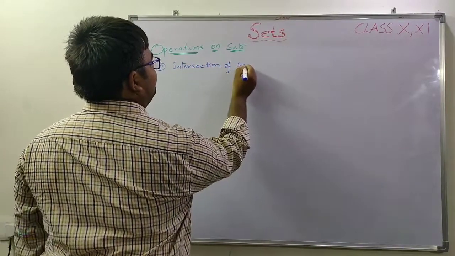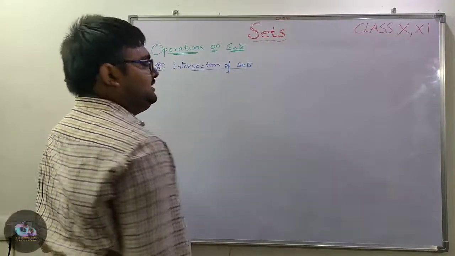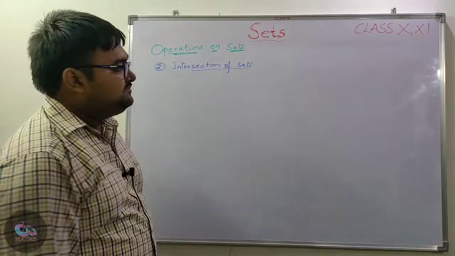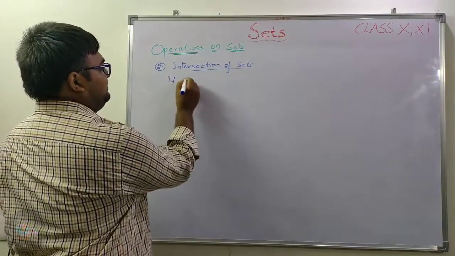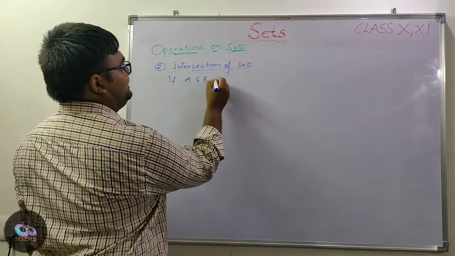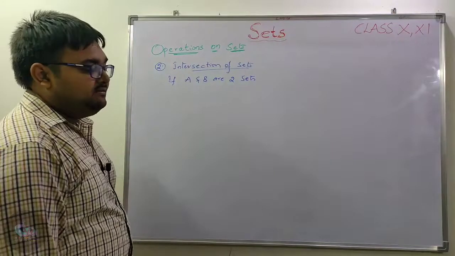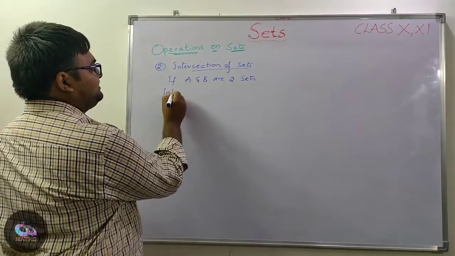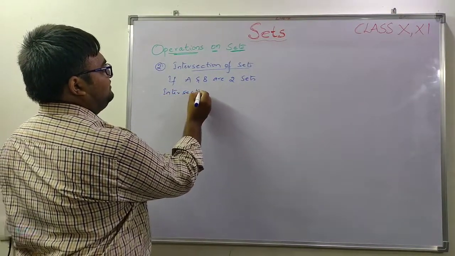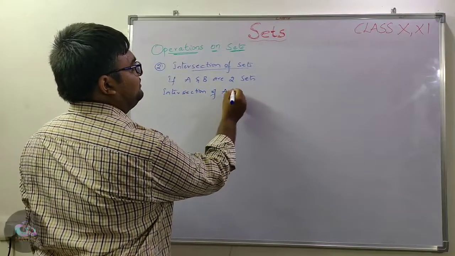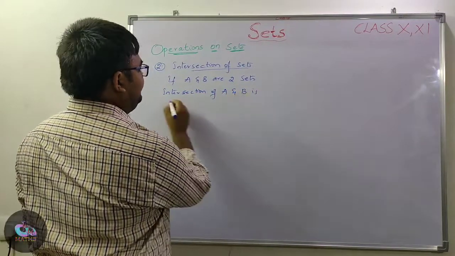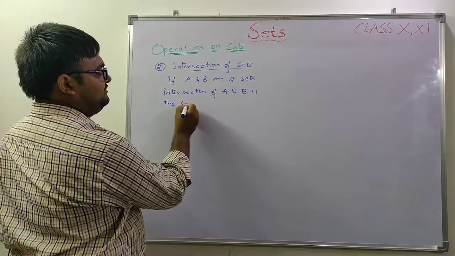The next operation is the intersection of sets. If A and B are two sets, then the intersection of A and B is again a set.